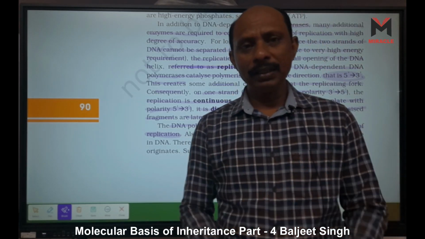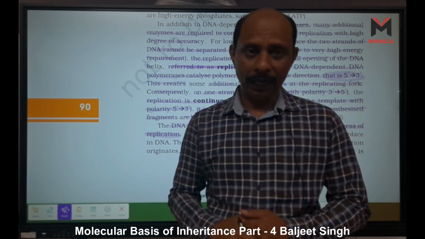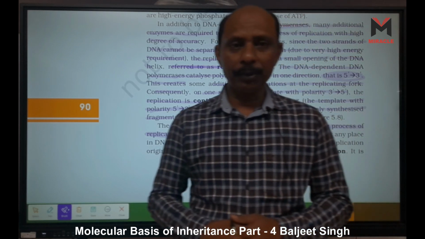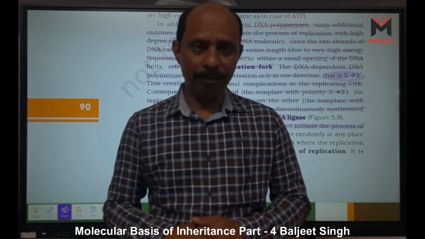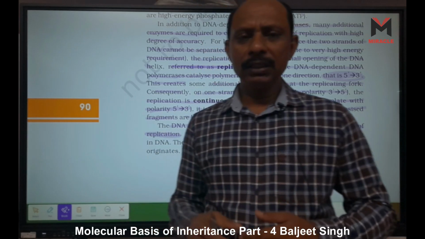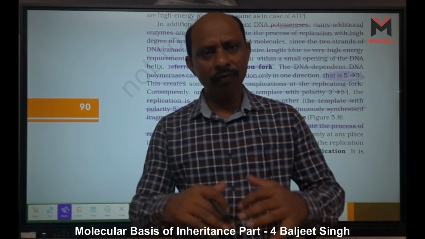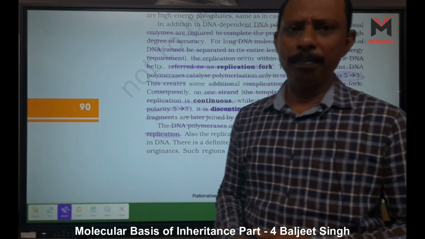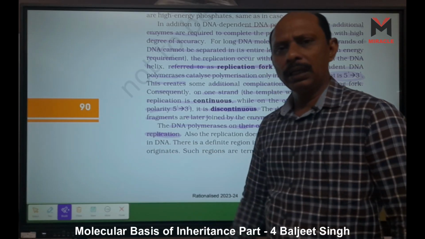So, first what happens? First, this DNA forms an RNA primer. For the formation of the RNA primer, it needs the RNA polymerase enzyme, right? Sometimes this RNA polymerase is also called the RNA primase enzyme because it forms the RNA primer. So this RNA primase enzyme forms the RNA primer.